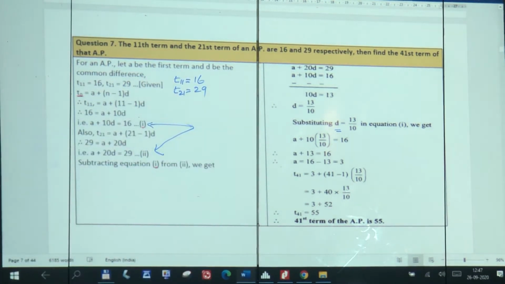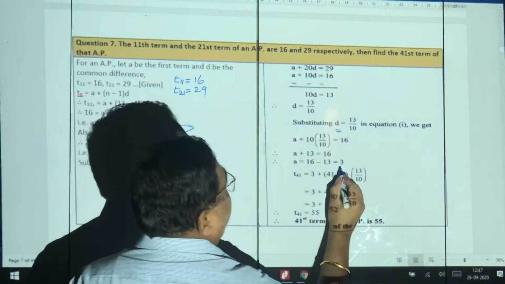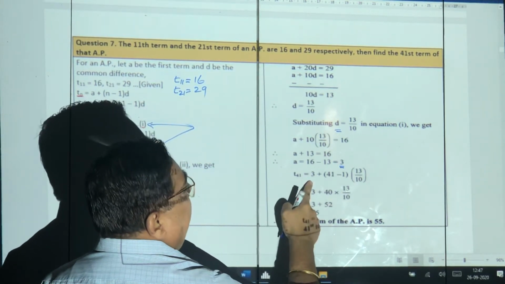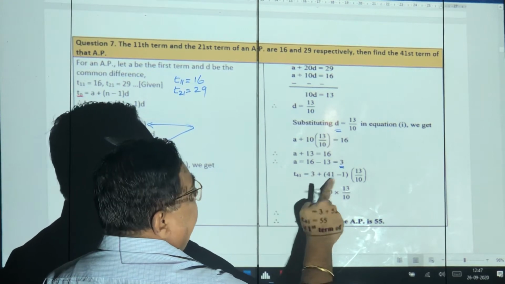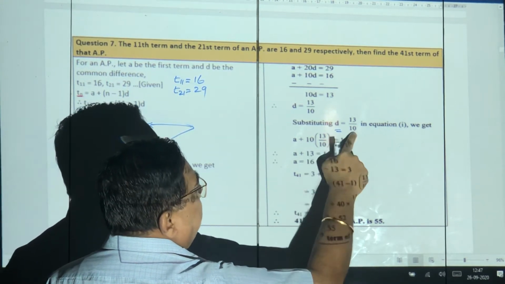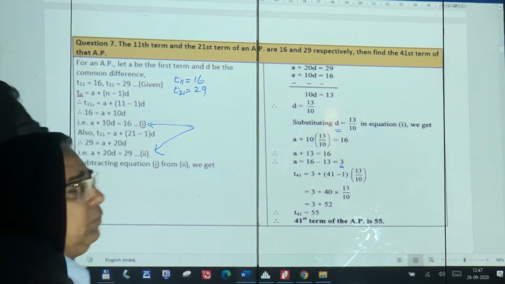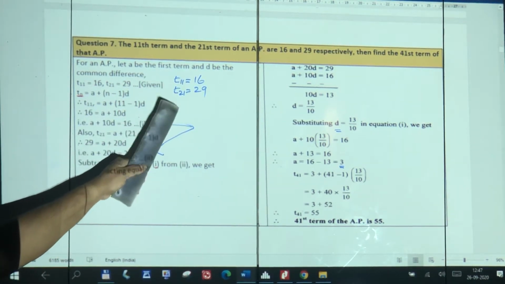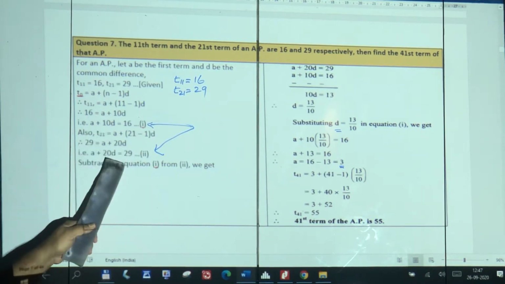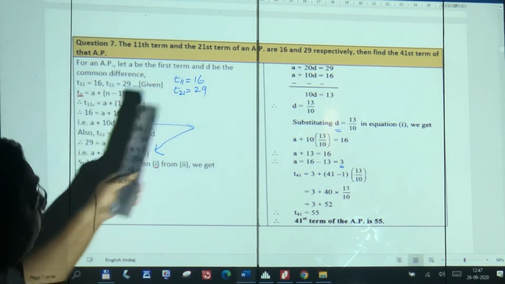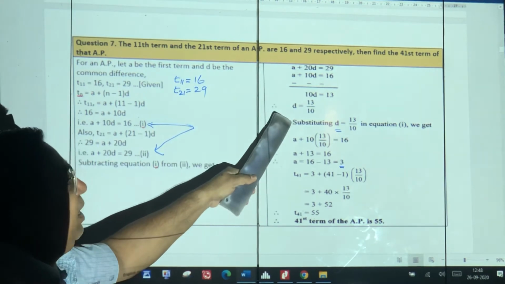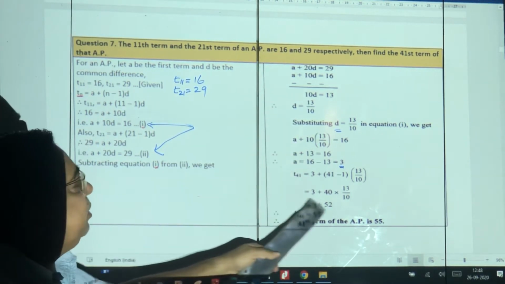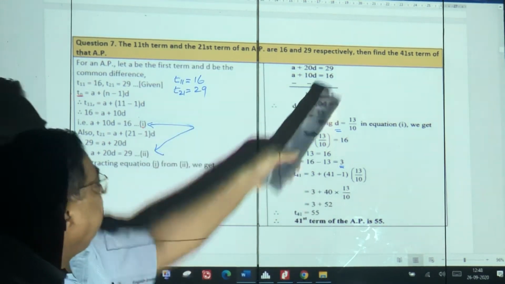So after d, I should find a. And then, my friends, we have already done Tn is a plus n minus 1 into d. So the trick here is so simple. First write T11, write T21. Of course, you can't solve directly; you'll get equations. Solve the equations, get one of the variables, substitute as you do in simultaneous x and y, get the other variable, and just see what number he is asking, 41.